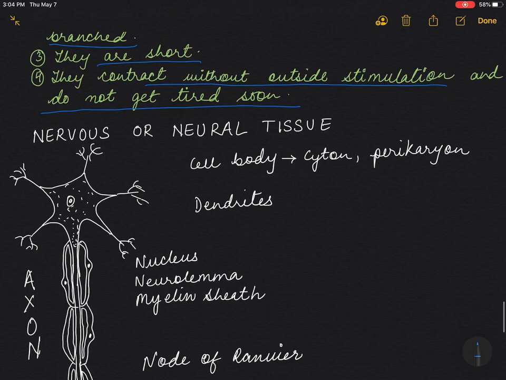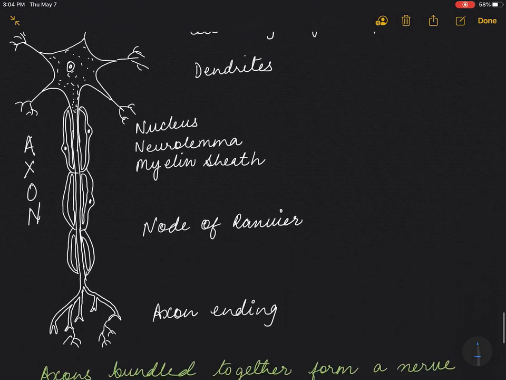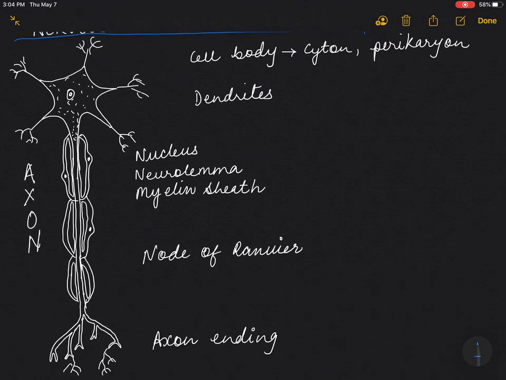Now moving on to the nervous or the neural tissue, we are talking about the tissue which makes up the nervous system. Now this tissue is made up of specialized elongated cells called neurons. So this is the diagram of the neuron. The entire thing is a neuron.